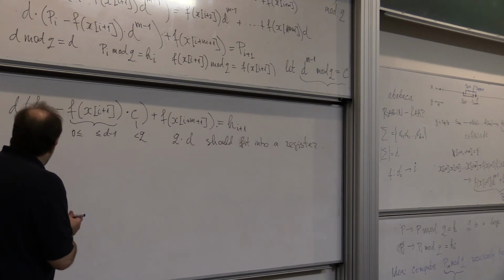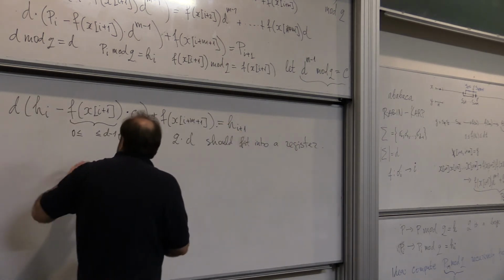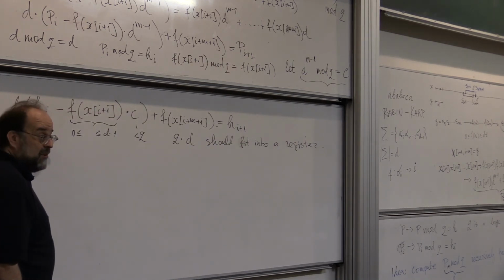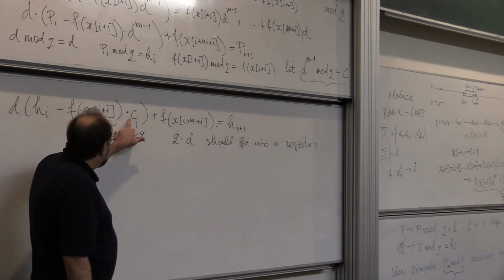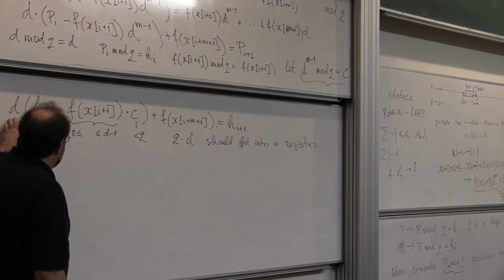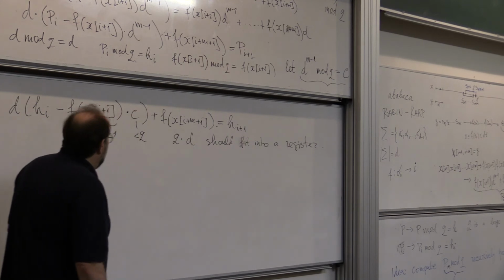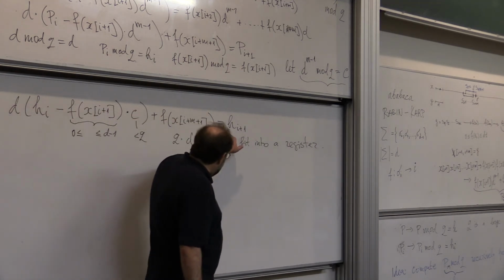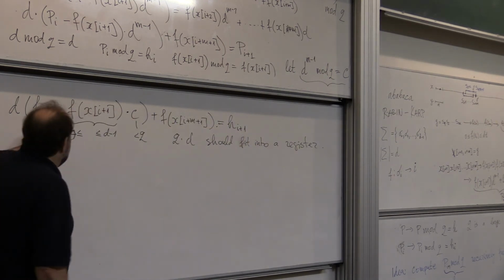So now, how do we compute hi plus 1? Notice, you simply take the previous hash value, you subtract this, multiply by d, and you simply add this. So this is really an extremely efficient, extremely fast way to compute hi plus 1 from hi.